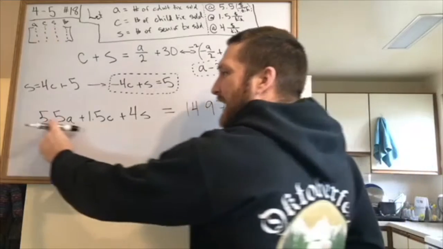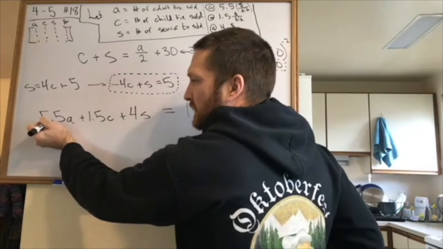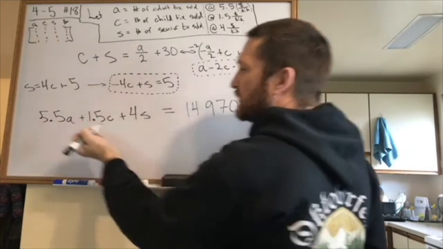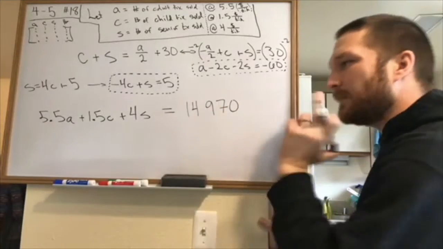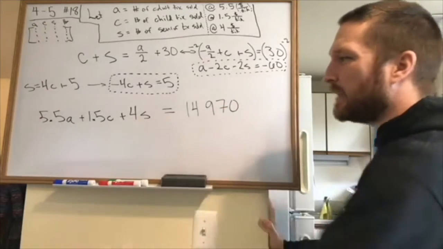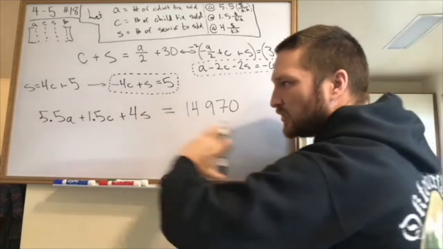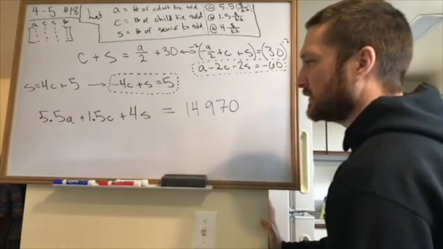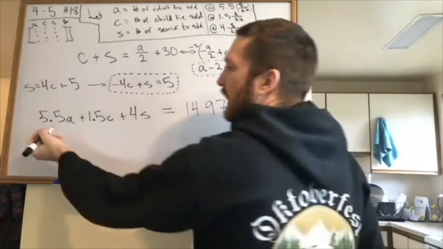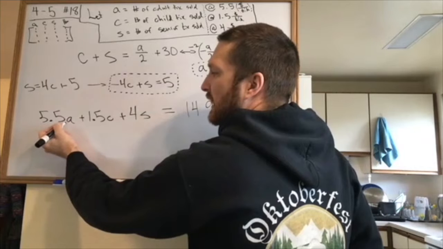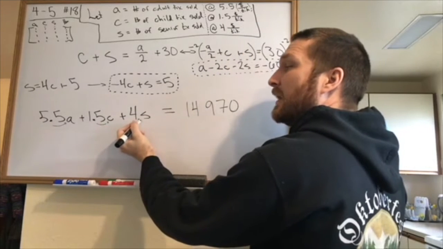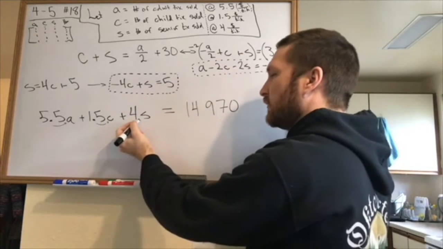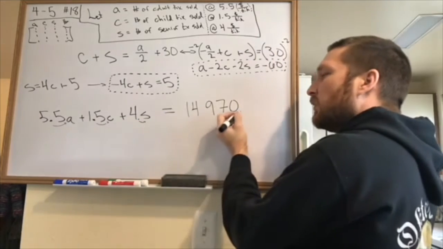Finally, this guy, I noticed, oh, we got decimals. I don't even want to consider decimals when I go to put this into a matrix. So before I even put it into my matrix, I'm going to get rid of the decimals. The way I get rid of a decimal, I want to move it 1 place to the right, this guy 1 place to the right, ditto with this guy.